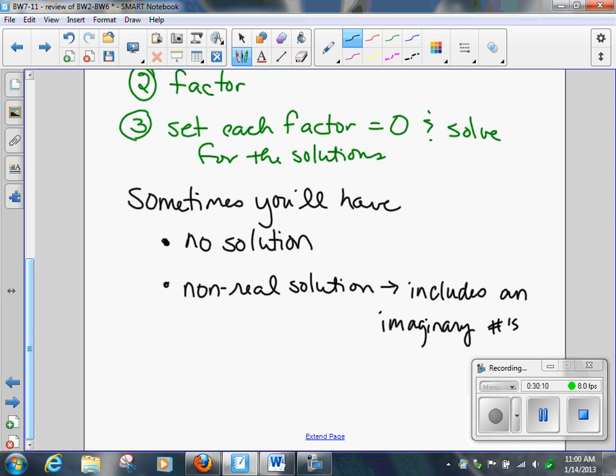And if you remember the no solution or the non-real answers, the quadratic does not touch the x-axis at all. Both of those. Just be aware of that. We may see those. Don't freak out if you do.